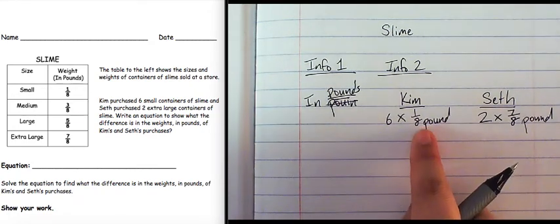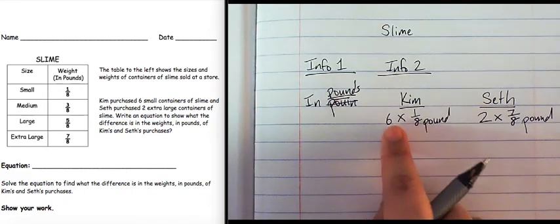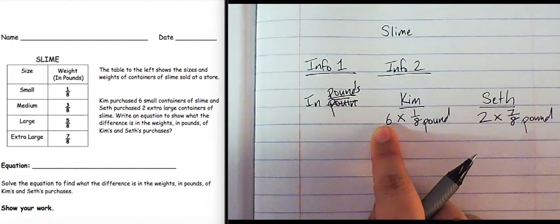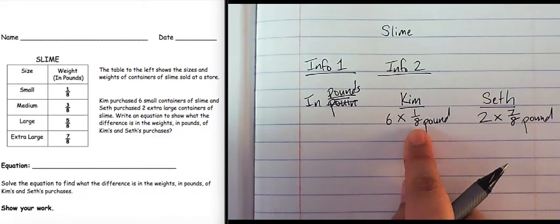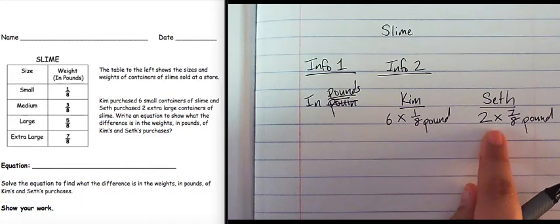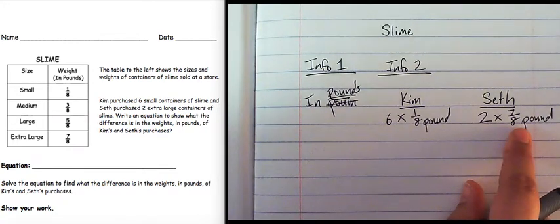Well, let's think about that. Kim purchased 6 small containers, each 1/8 of a pound, and so I'm thinking of equal groups. 6 containers each that are 1/8 of a pound, and Seth purchased 2 extra large containers, each of those 7/8 of a pound.